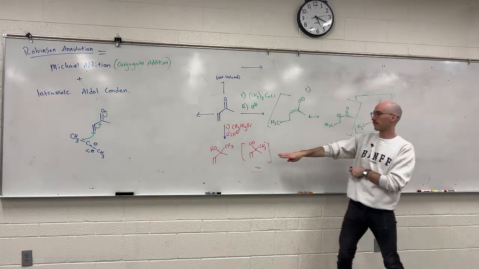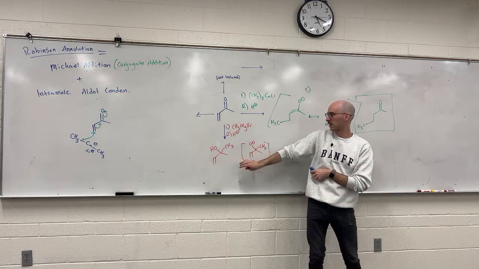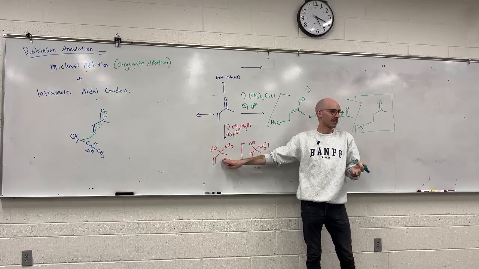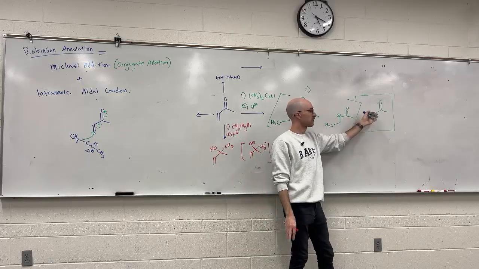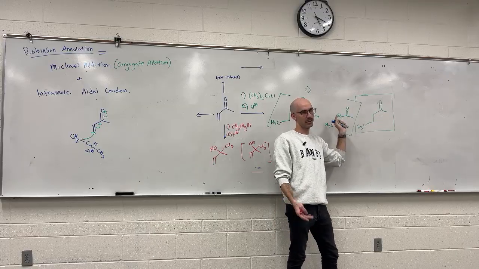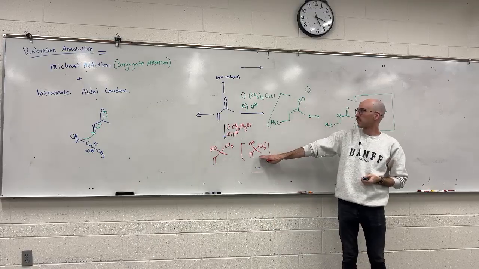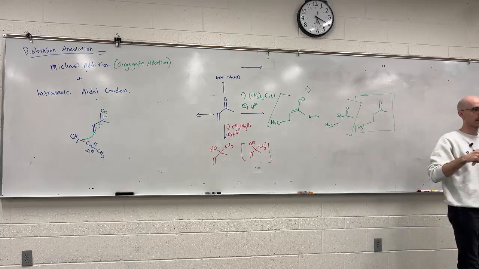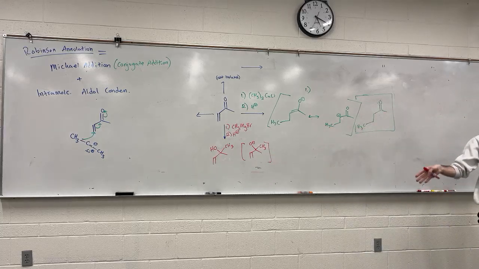Okay, you're right, but that's the final product. The final product does form an alcohol, as acyl addition does. This forms a ketone or a carbonyl as enolates do. But what's different about the intermediates between acyl addition and conjugate addition?